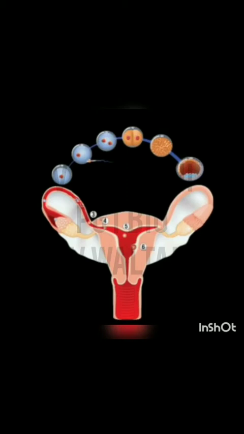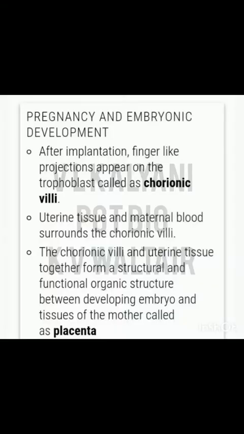And then once it is attached, the further development of the embryo will take place in this blastocyst. So after implantation, what happens? The trophoblast, the outer membrane of the blastocyst, will develop some projections, like the fimbriae you have seen in the oviduct, finger-like projections.